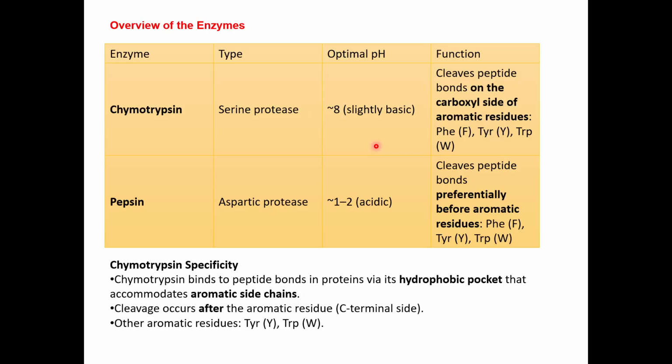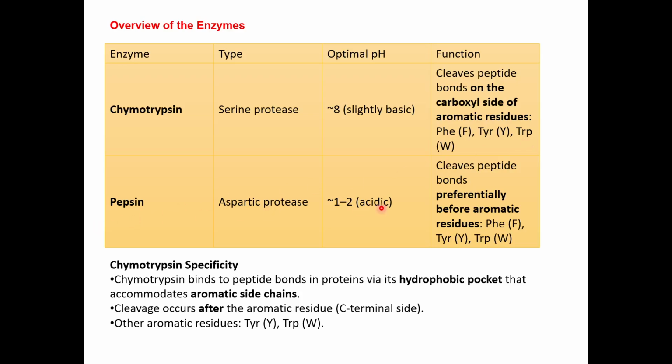Then coming to enzymes, chymotrypsin and pepsin. Chymotrypsin is a serine protease and its optimal pH is 8. Pepsin is an aspartic protease and its optimum pH is acidic, that is 1 to 2. Chymotrypsin cleaves the peptide bonds on the carboxyl side of aromatic residues, that is phenylalanine, tyrosine, and tryptophan.